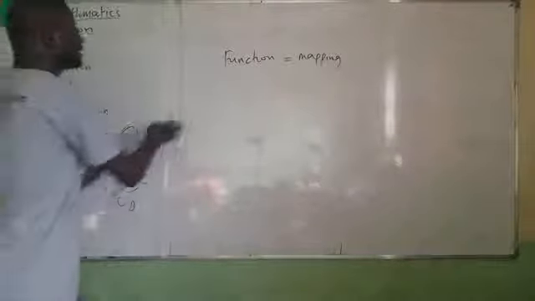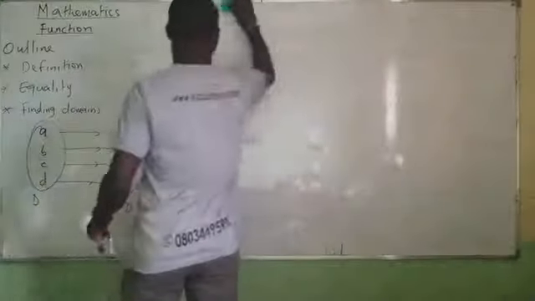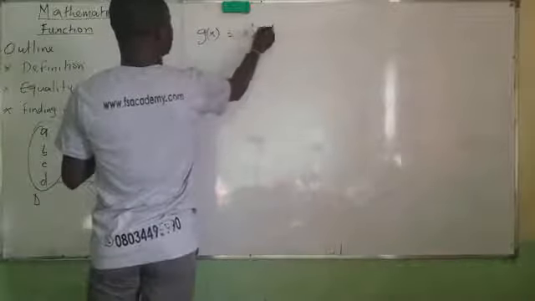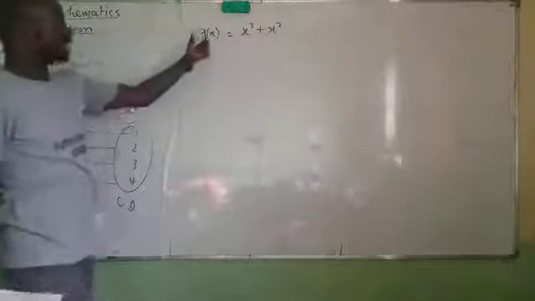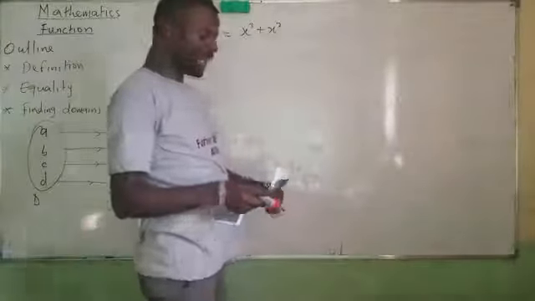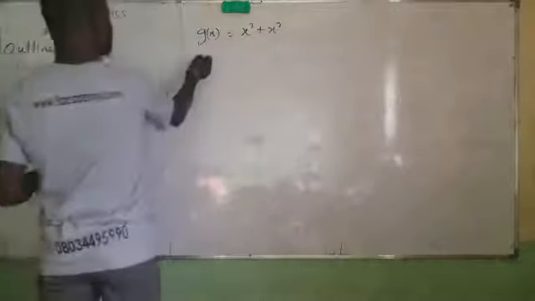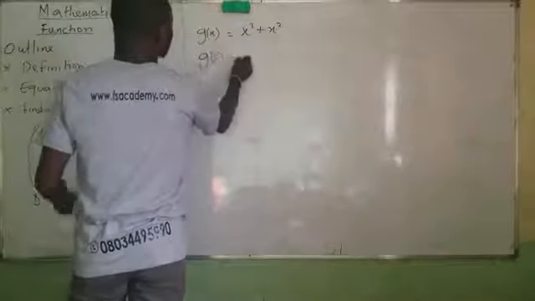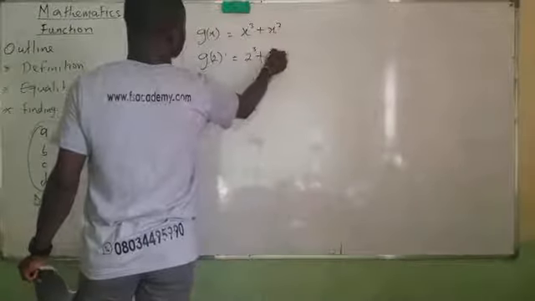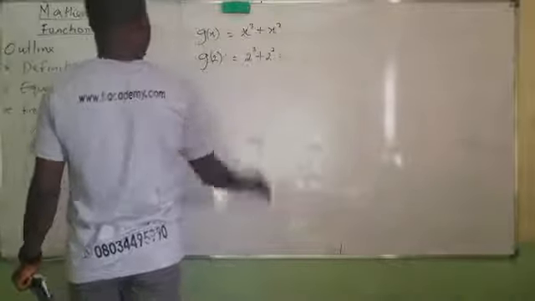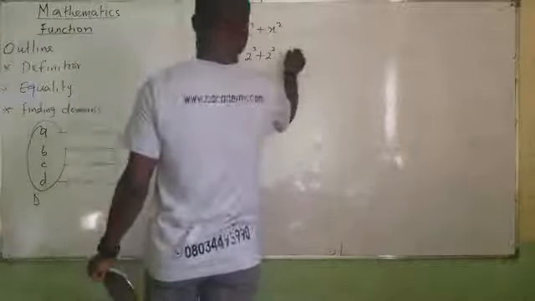For instance, if I have g of x equals x cubed plus x squared, this is my function. I declare g to be like this. Now, I can say that g of 2 will be equal to 2 cubed plus 2 squared, which is 8 plus 4, which is 12.